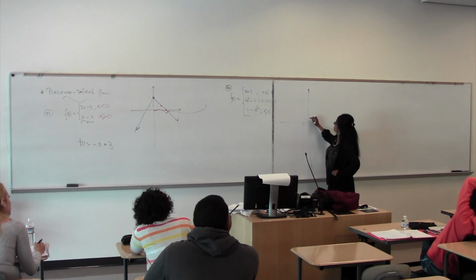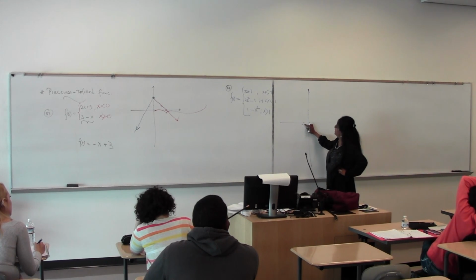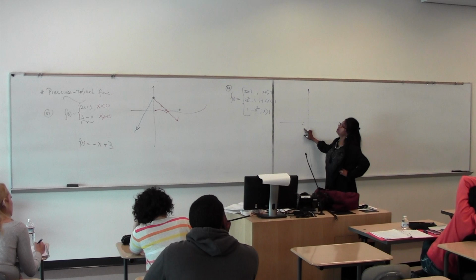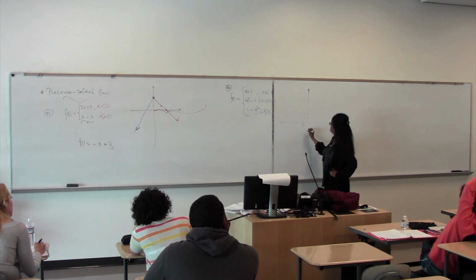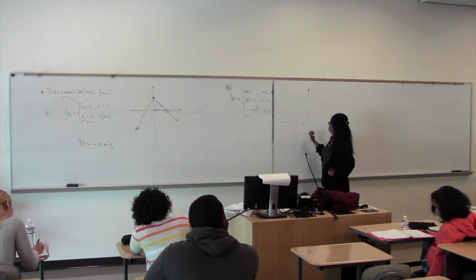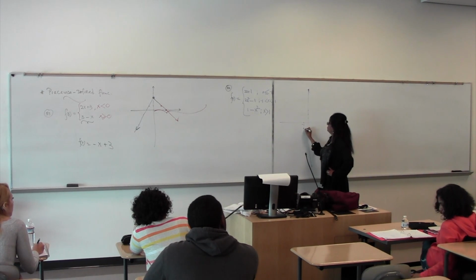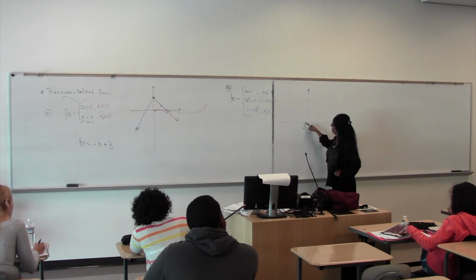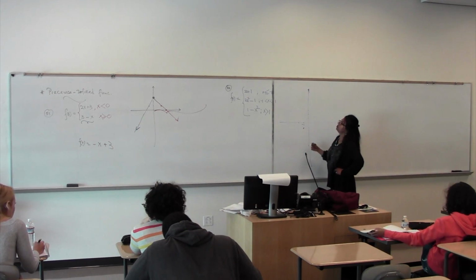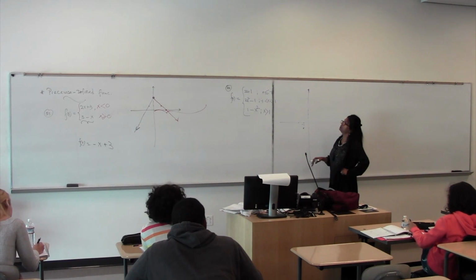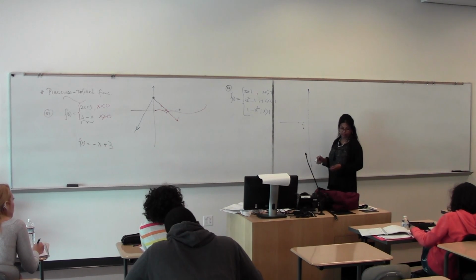When x is negative 1, what happened? Negative 1, correct? So here is negative 1, this is 1 point. We can only start at negative 1. What if x is negative 2? You can do the mental math: negative 3.